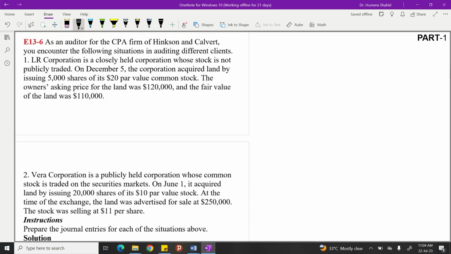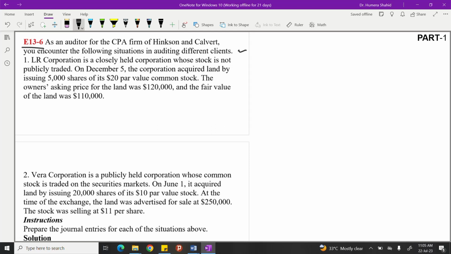Let's move on towards exercise number 13-3. This exercise is going to discuss something really important, which is about paying with shares, giving shares for some non-cash transactions. Okay, so let's see this transaction. As an auditor for a CPA firm, Hinkson and Calvert, you encounter the following situations in auditing different clients.